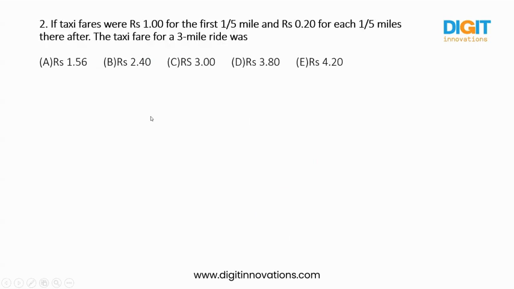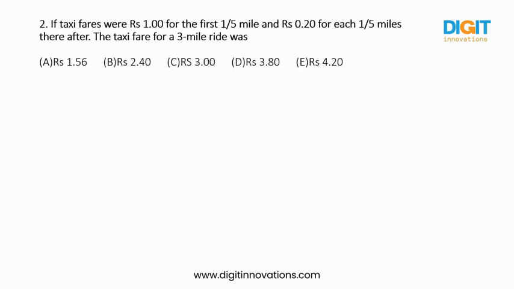Next one: if taxi fares were rupees 1.00 for the first 1/5 mile and rupees 0.20 for each 1/5 mile thereafter, the taxi fare for a 3-mile ride was? So what is the meaning of the question? They're telling the total is 3 miles.